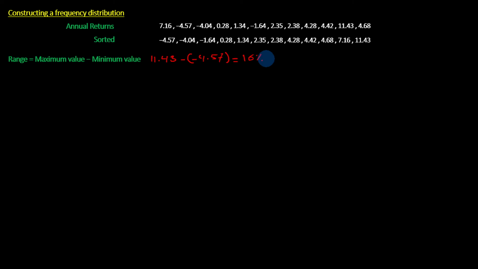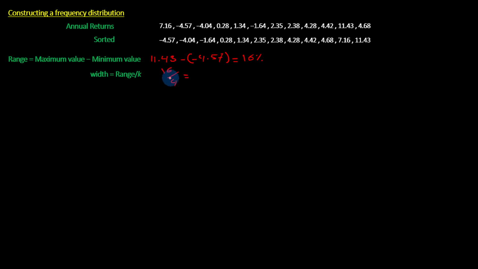So the number of intervals that I will have will dictate what will be the width of my intervals. So the width of my intervals will be the range divided by k, and k is the number of intervals that I would like to have. Let's say, for the sake of simplicity, I want to have 4 intervals, right? So my range is 16 divided by 4.